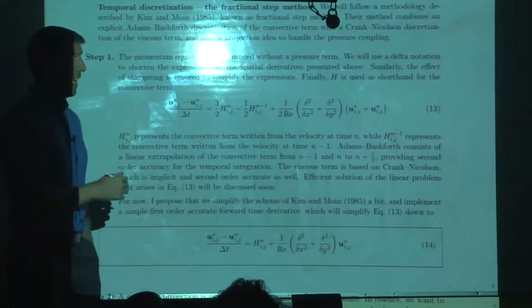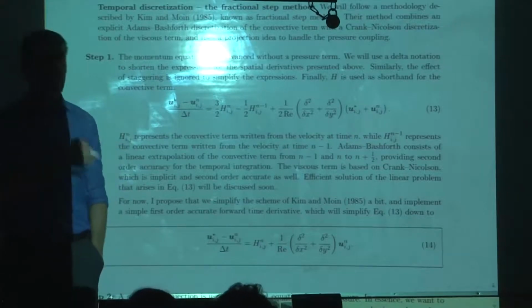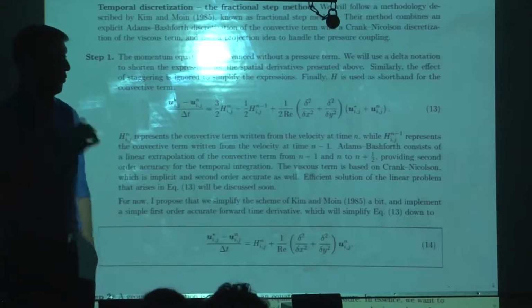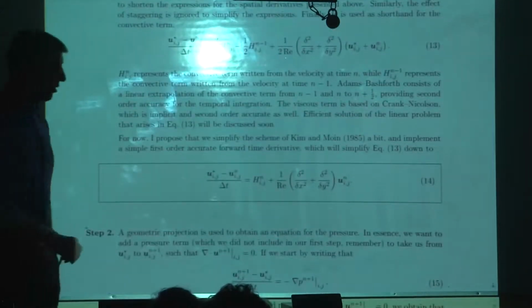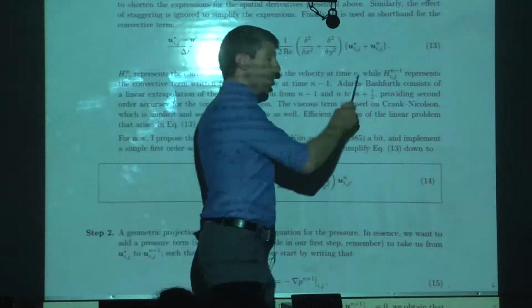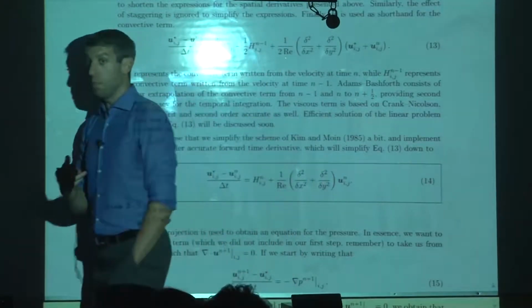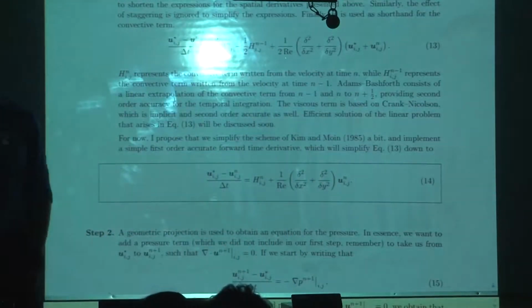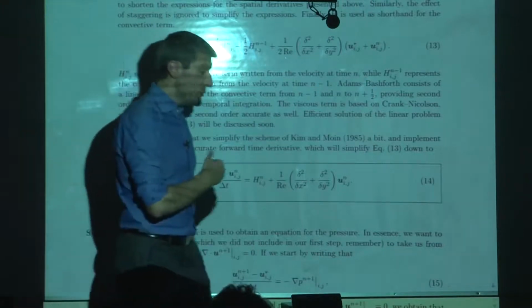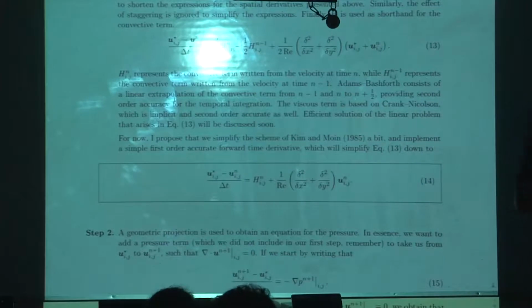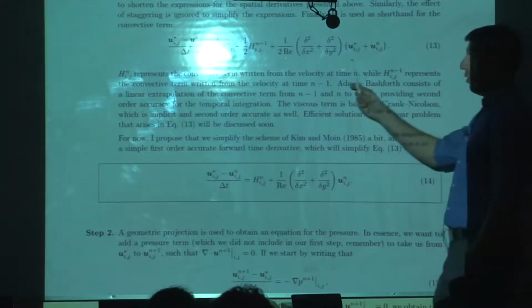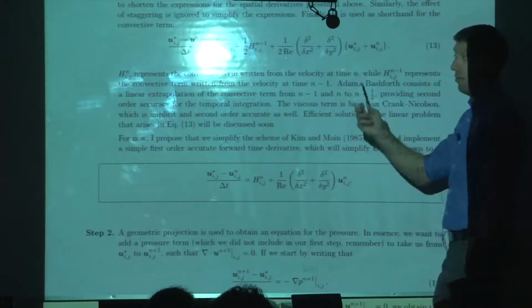I can tell you two things. This is not a course on single phase flow numerical methods, but I'll make a few comments. Crank-Nicolson is fantastic because it is semi-implicit. It essentially allows you to remove the CFL conditions, and that's extremely useful for robustness. My research code uses Crank-Nicolson for both the convection and the viscous part.